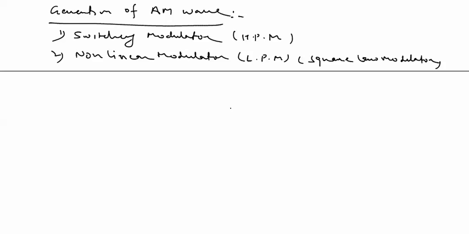We can achieve one degree of nonlinearity through multiplication. x_AM is c(t) multiplied with m(t), m(t)c(t). One degree of nonlinearity is available in this. We make a diagram for the switching modulator and proceed further.